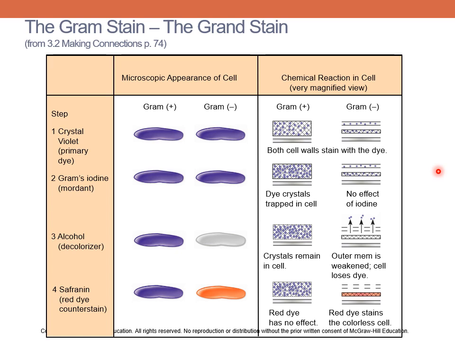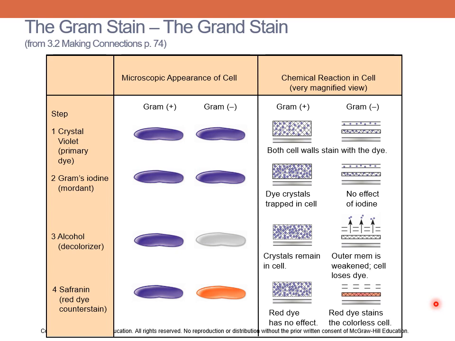The crystal violet-Gram's iodine complex remains trapped in the thick layer of peptidoglycan, but since the gram-negative cells have such a thin layer of peptidoglycan, the outer membrane becomes leaky, and the crystal violet is easily washed out of the thin layer of peptidoglycan, leaving the gram-negative cells colorless. In order to visualize the gram-negative cells, the slide is then covered in safranin.